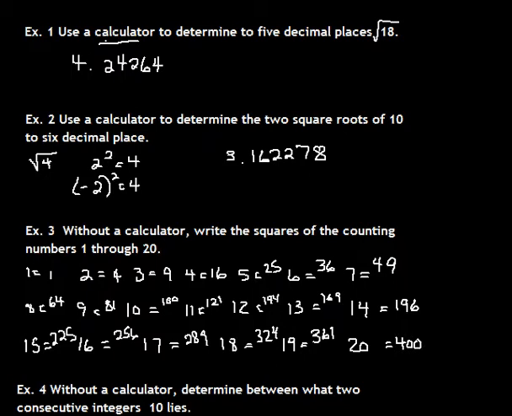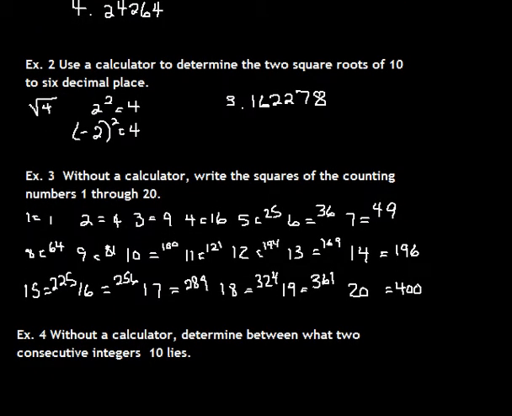So you kind of need those in your head to be able to do the next problem. It says without a calculator, determine between what two consecutive integers the square root of 10 lies. So the square root of 10 is in between. We find our two perfect squares.